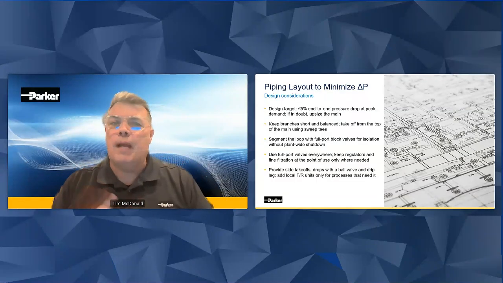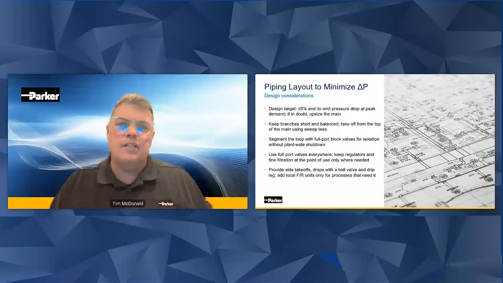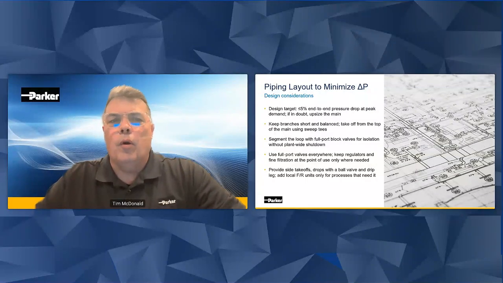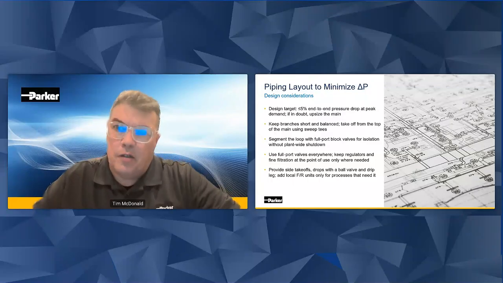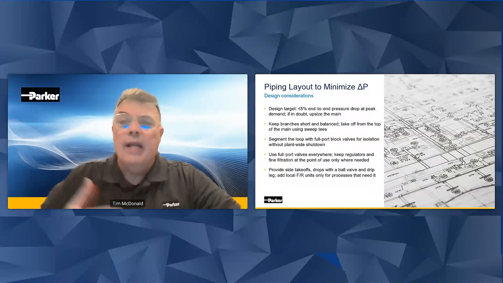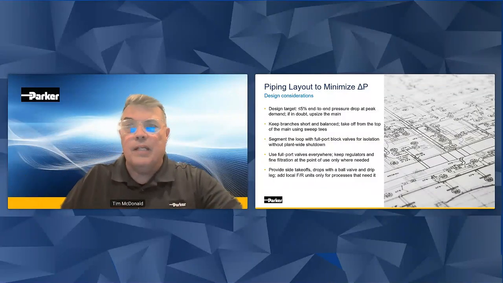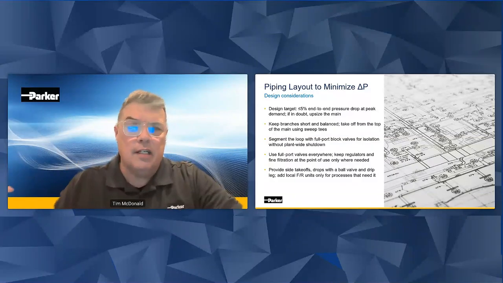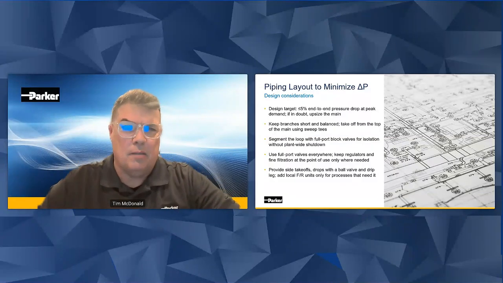Keep branches short and balanced. Takeoffs from the sides or the tops, again, and use sweeping tees whenever possible. Segment the loop with full port block valves for isolation. Touched on that briefly. If you need to de-energize only a portion of the pipe, it's best to have a couple valve bodies in place so you can do that as opposed to shutting down the entire system.